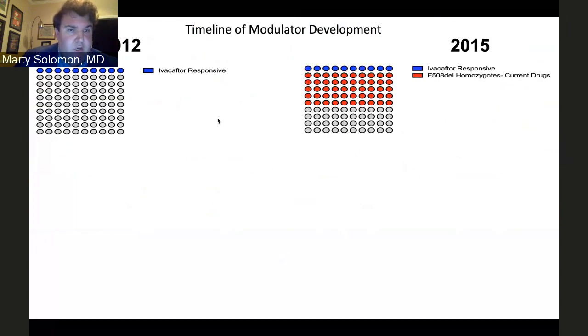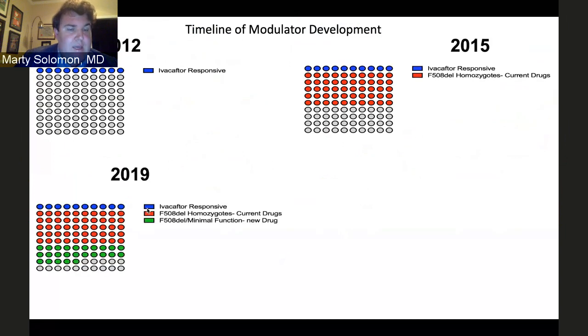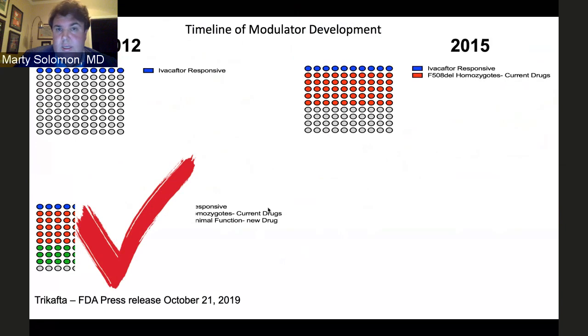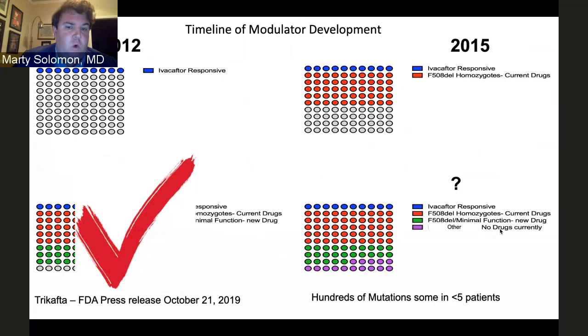Then, in the landmark discovery we just talked about earlier in 2019, we saw that we could expand the treatment to people that had only 1 copy of F508del, and then any other mutation that did not result in protein function. We call those minimal function mutations. And if you keep advancing, we found that all of those patients, about 85 to 90% of patients, depending on where you survey patients across the world, were covered with drugs such as ivacaftor or Trikafta or similar combination therapies.